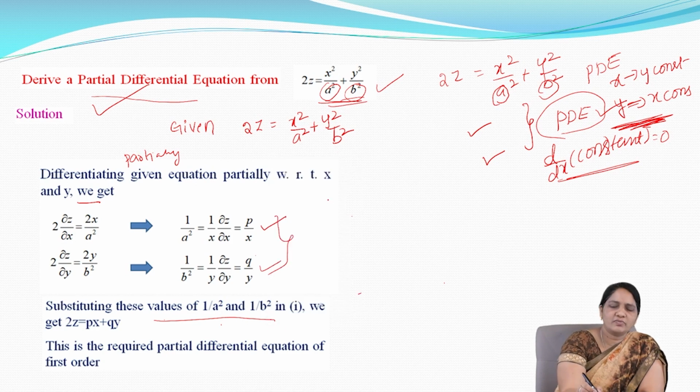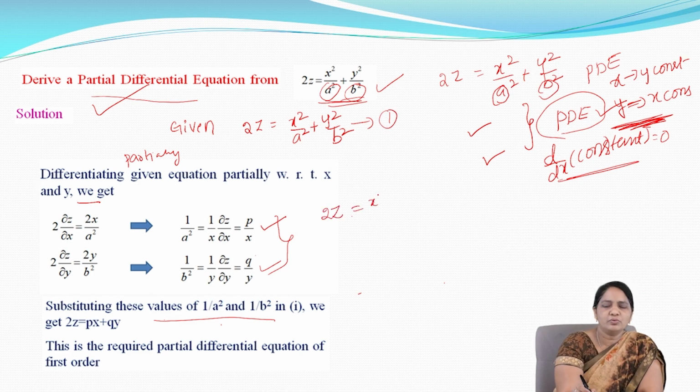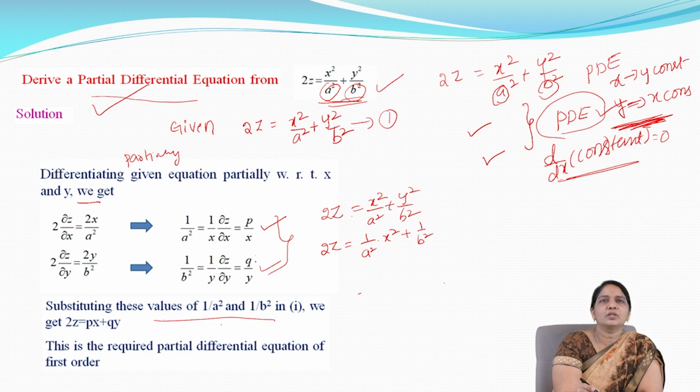So what is equation 1? This is the first equation given in the problem: 2z equal to x square by a square plus y square by b square. This is equation 1. Now we are going to substitute the values of 1 by a square and 1 by b square, which we got after doing the partial differentiation with respect to x and y.